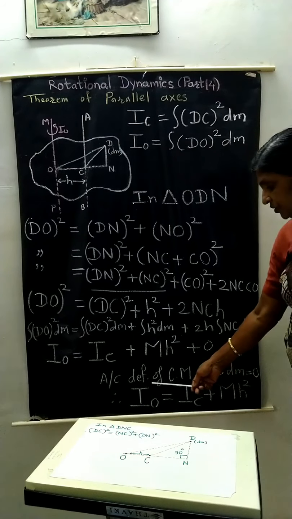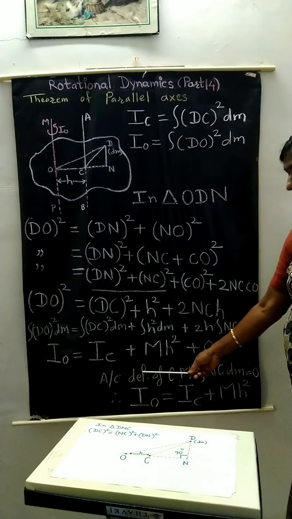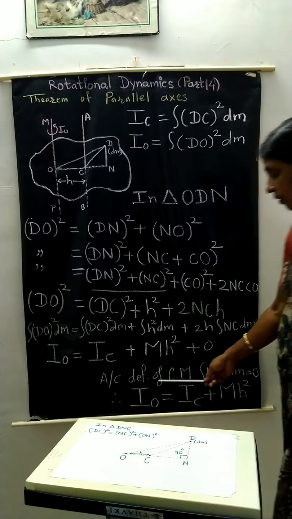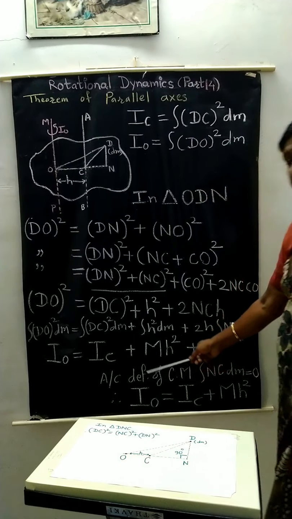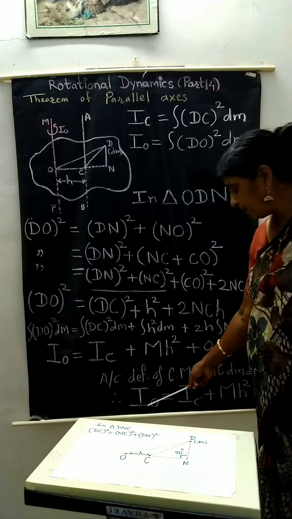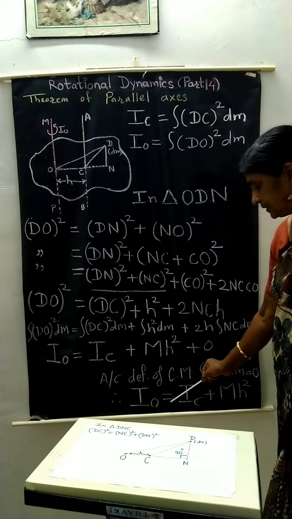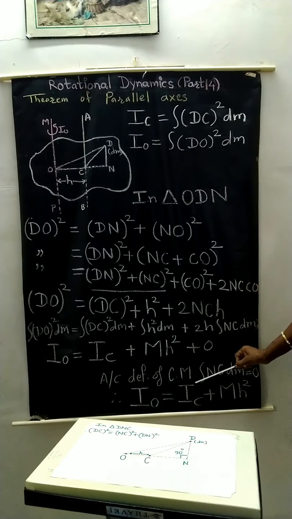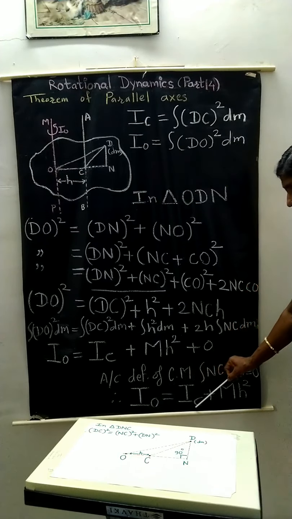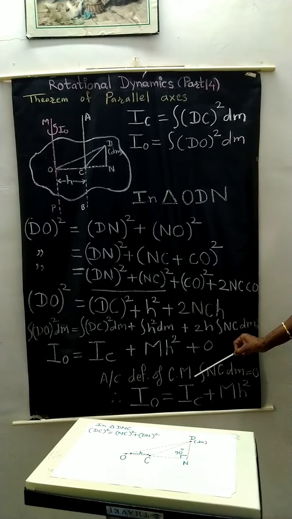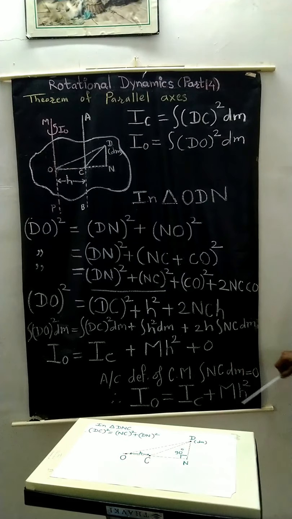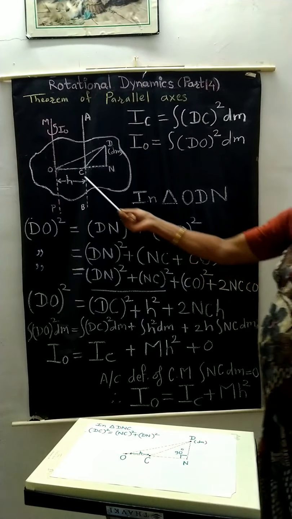Moment of inertia of an object about any axis passing through point O is the sum of its moment of inertia about a parallel axis passing through the center of mass and the product of the mass of the body and the square of the distance between the two parallel axes.